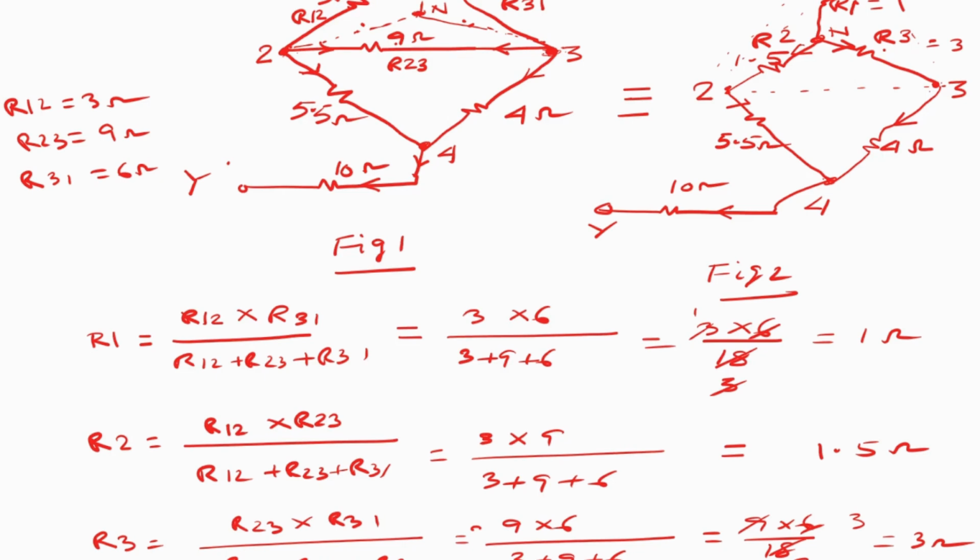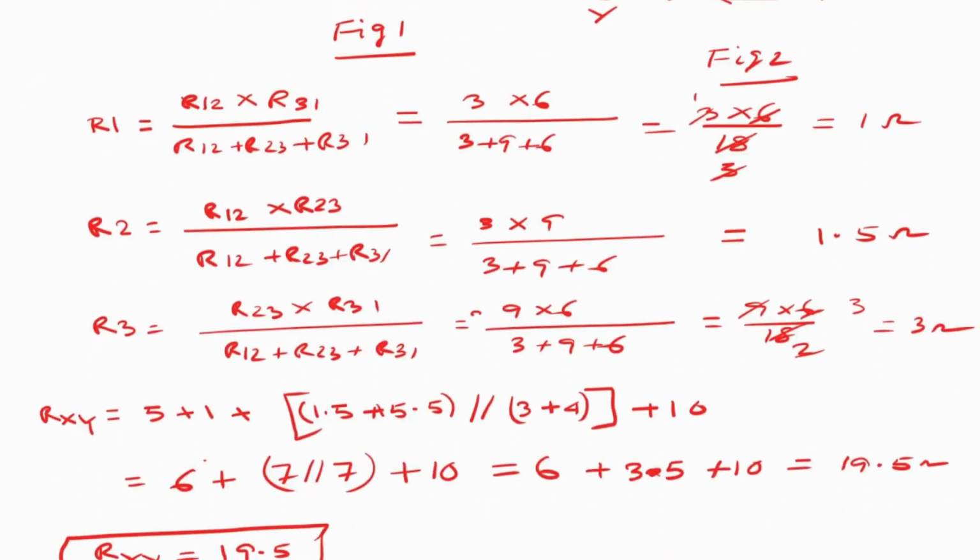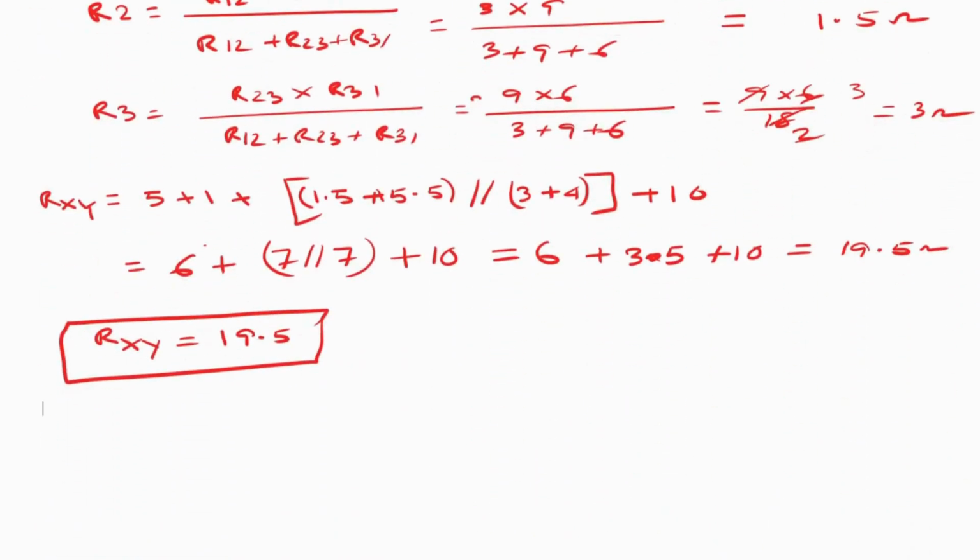These two branches are parallel because they meet at the same point, which is 4. That means R2 and the 5.5 ohms carry the same current, and R3 plus 4 ohms carry the same current. So R3 plus 4 are in series, and these two series branches are parallel, and after that you add this 10 ohms, so we get the equivalent value of 19.5 ohms.